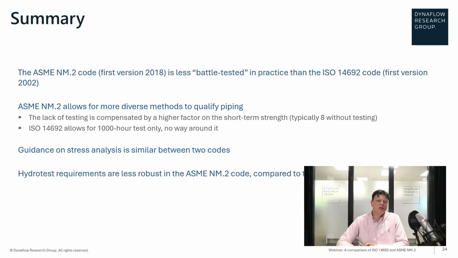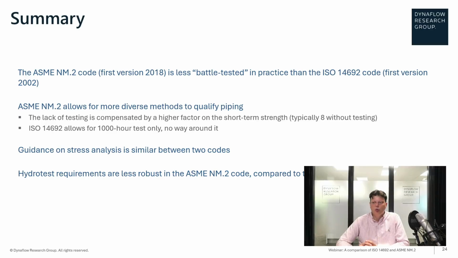The largest difference between the two codes is that the ASME NM.2 allows for more diverse methods to qualify piping. These diverse methods allow you to qualify piping without long-term testing. And of course, it's compensated by a higher factor, typically 8 if there's no testing at all, or 6 with short-term testing for the short-term strength.